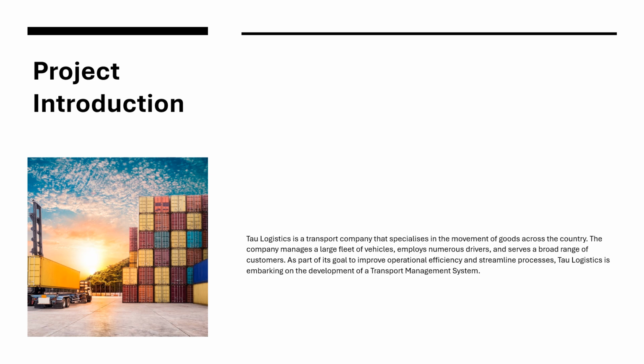Model real-world entities like customers, orders, shipments, drivers, vehicles, and routes. 2. Ensure data accuracy through normalization and referential integrity. 3. Support business rules such as driver and vehicle assignment logic. 4. Provide functionality for generating reports, tracking shipment statuses, and calculating shipment costs.